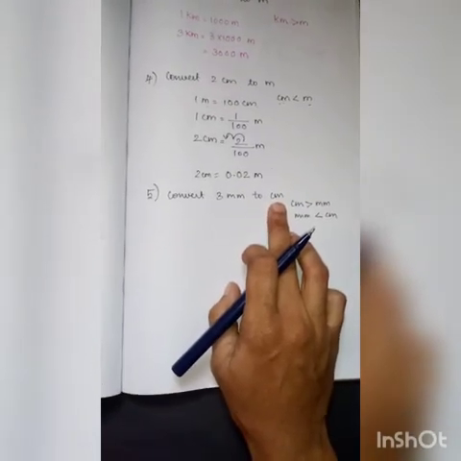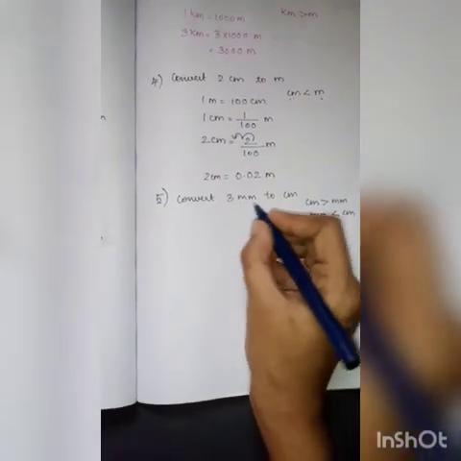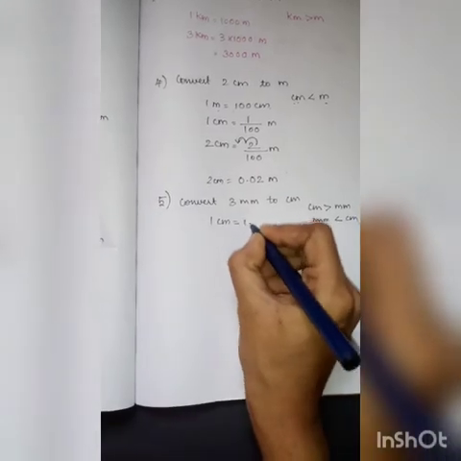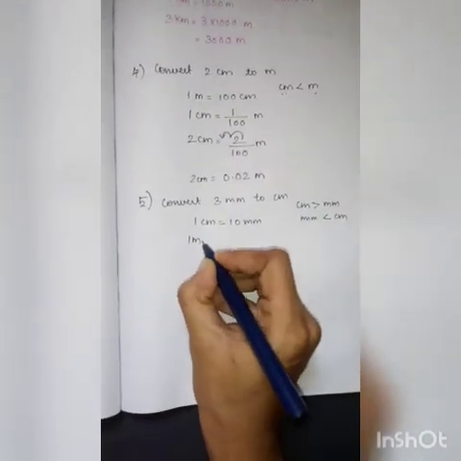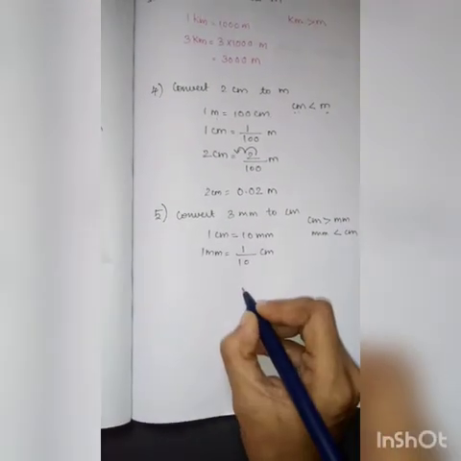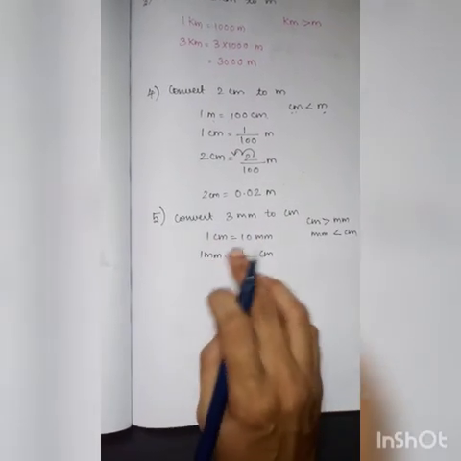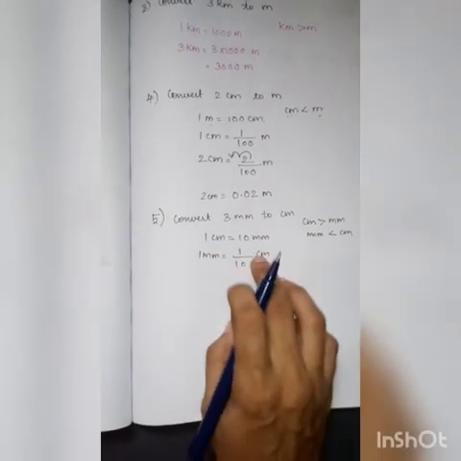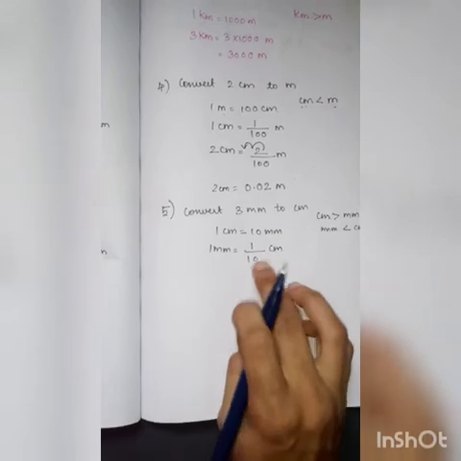What is the rule related to millimeter and centimeter? 1 centimeter is equal to 10 millimeter, so 1 millimeter is equal to 1 by 10 centimeter, because millimeter to centimeter means division.